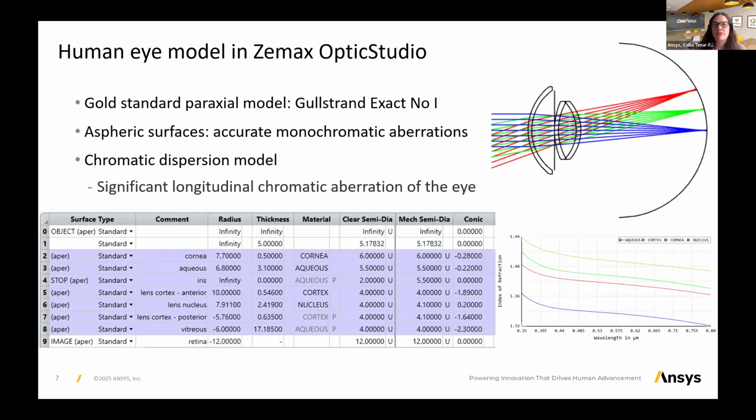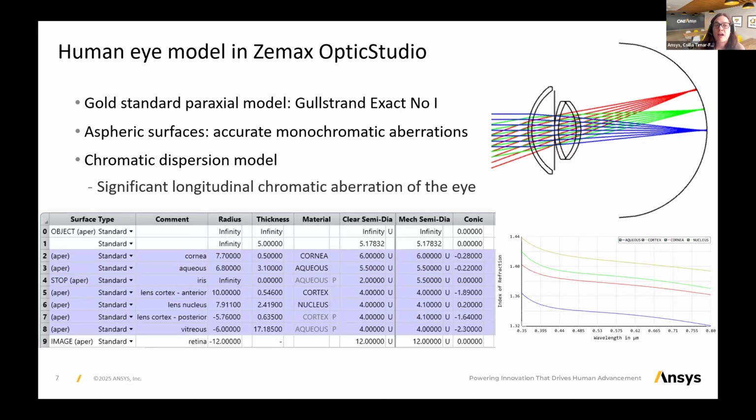So to deep dive into this workflow, we can start the modeling in ZMAX Optics Studio with the gold standard paraxial Gullstrand exact number 1 model. This model represents the crystalline lens as cortex and nucleus, and it only uses spherical surfaces. But in order to accurately describe all the higher order monochromatic aberrations of the eye, we need to introduce aspheric surfaces into the model.